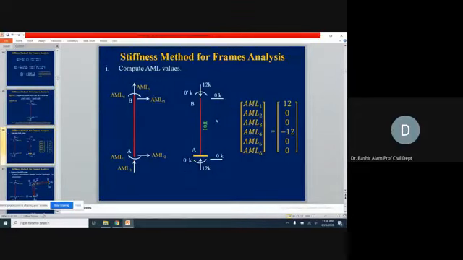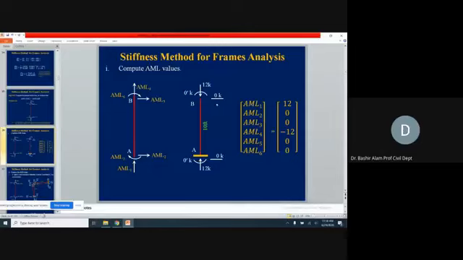Now, how do we pick our AML values? This is where we subject the structure to the actual loading, giving AML1 to AML6 with their positive directions.